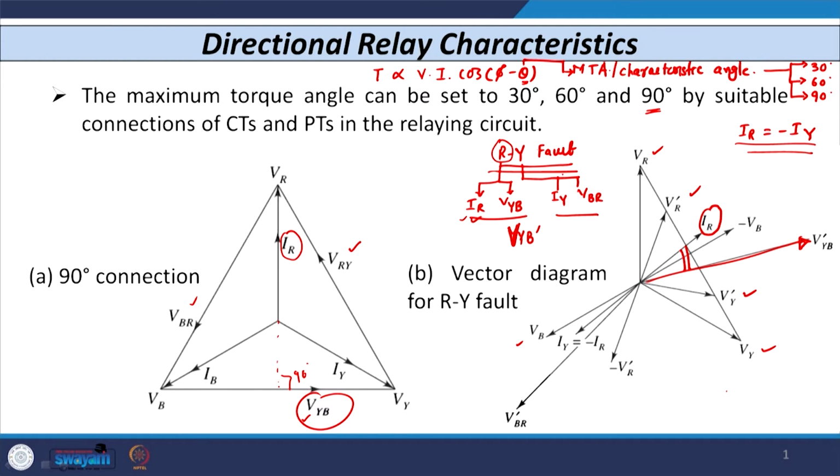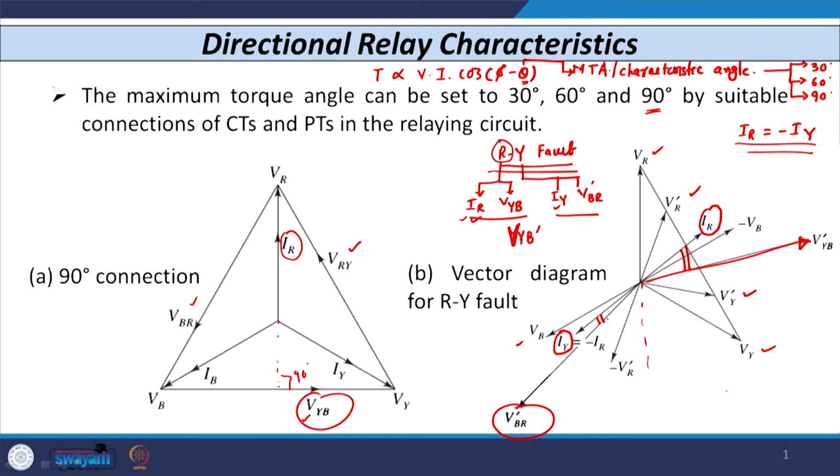Same way for the Y phase, Iy is the current. So, you have the Iy current here, and you have V dash Br, which is nothing but Vb minus Vr dash. So, Vb is here minus Vr dash, that comes out somewhere here, and if you plot, you have the value V dash Br. The angle between V dash Br and Iy is this angle, which is very small.